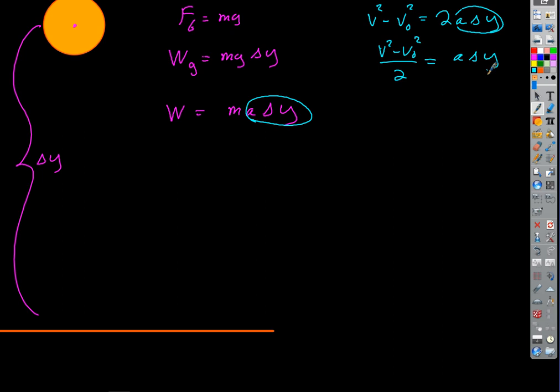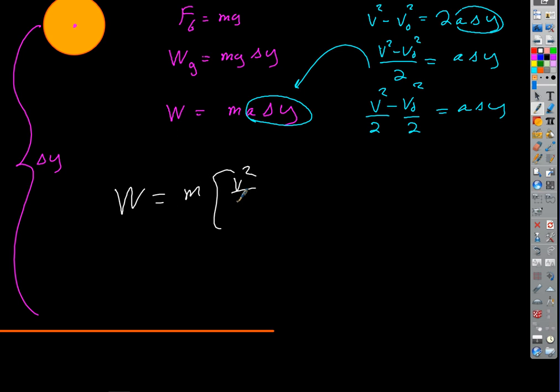Now let's do something kind of weird here. Let's split this into separate fractions instead of having a common denominator. Let's write that as v squared over 2 minus v naught squared over 2, equals a delta y. And let's make a substitution. So the work that's done here is equal to m times v squared over 2 minus v naught squared over 2, right?